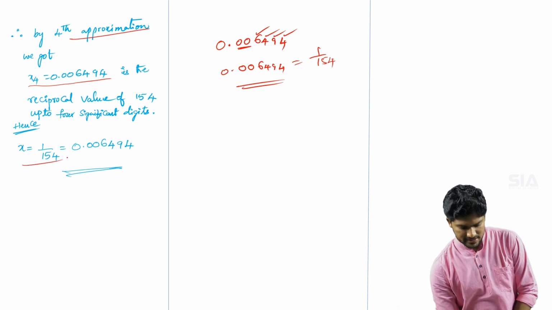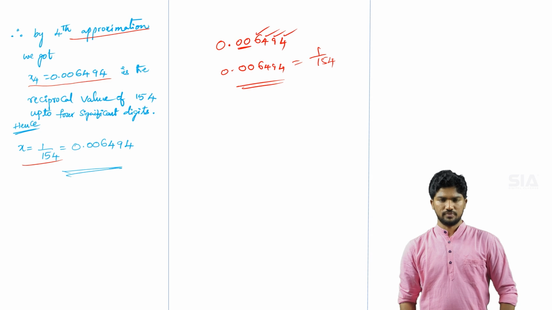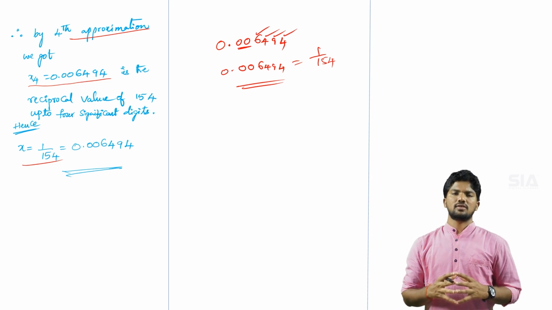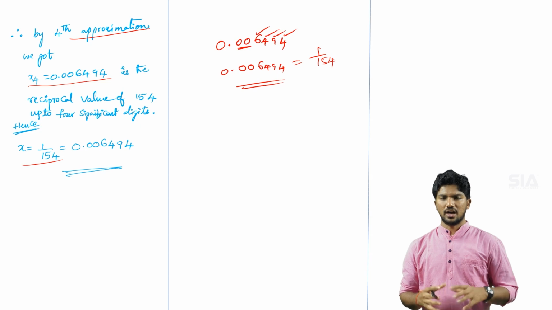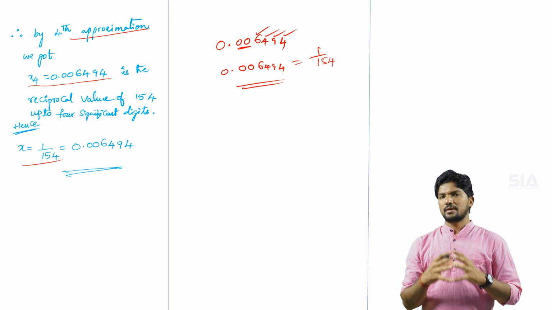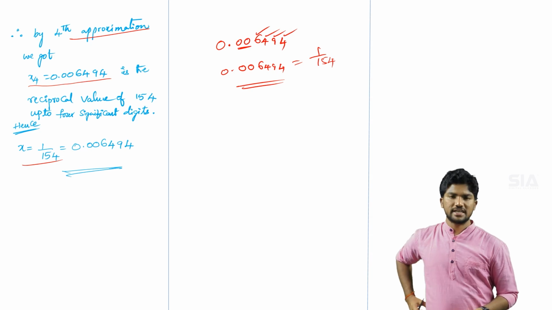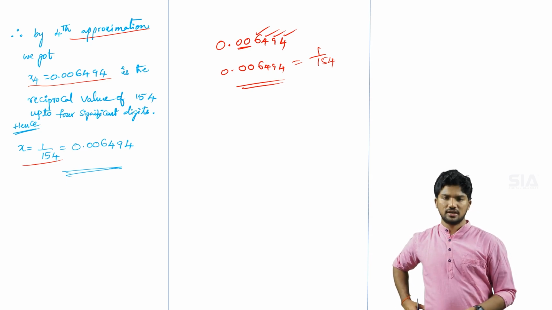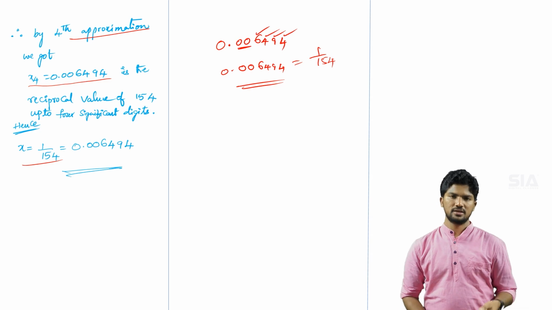Therefore x is equal to 1 by 154 is equal to 0.006494. This is the reciprocal value of 154 up to 4 significant digits, or else you can call it decimal positions. Decimal positions means you will get 6 decimal positions. That is the difference between significant digits and decimal positions.